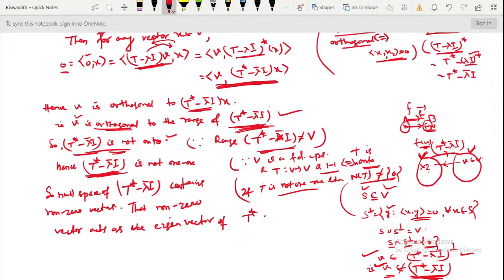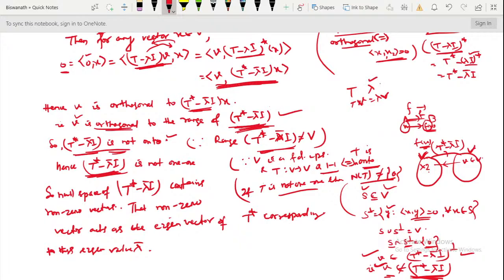Whatever non-zero vector you find here will act as the eigenvector of T star corresponding to this eigenvalue lambda bar, because T has eigenvalue lambda, that's why T v equals lambda v.